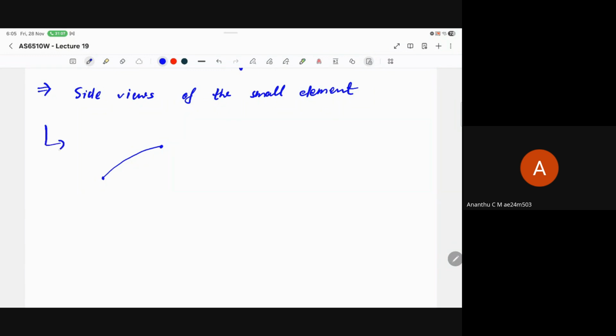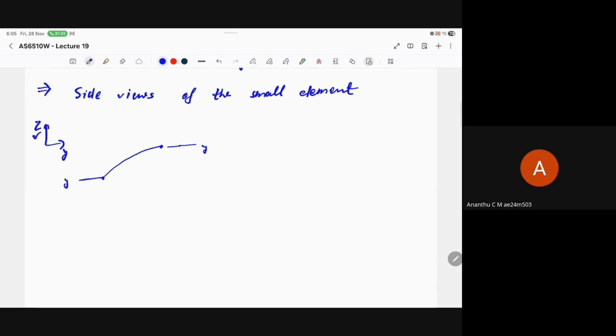This is in the YZ plane. Basically, this is your Y direction, and similarly, this is your Y direction. And then perpendicular is your Z direction.